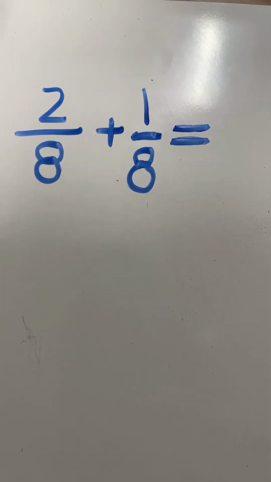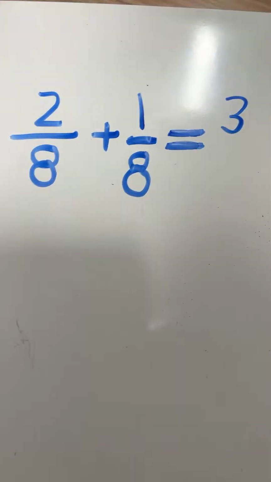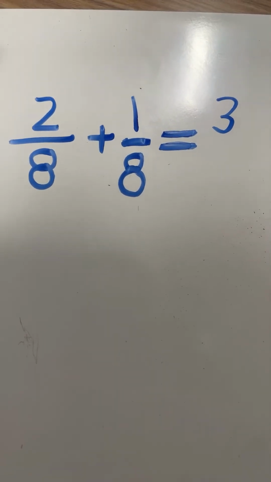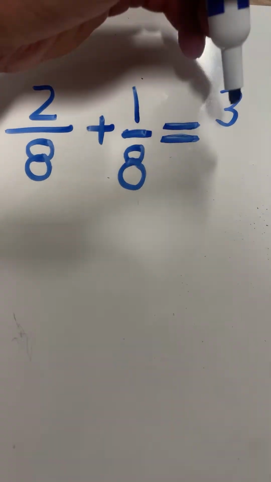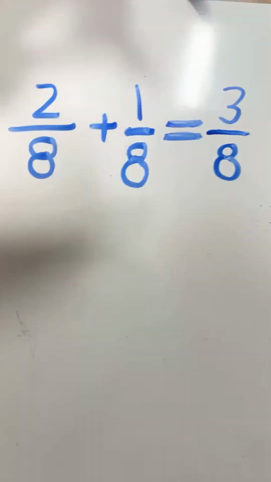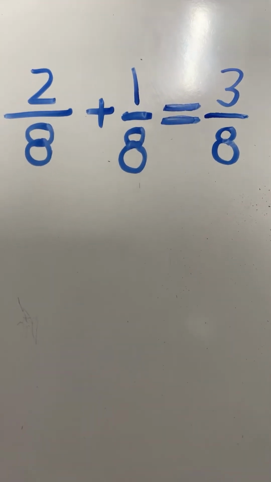What is 2 plus 1? 2 plus 1 equals 3. Now because our denominator is the same for both fractions, it's going to be the same in our answer. So 2/8 plus 1/8 equals 3/8.